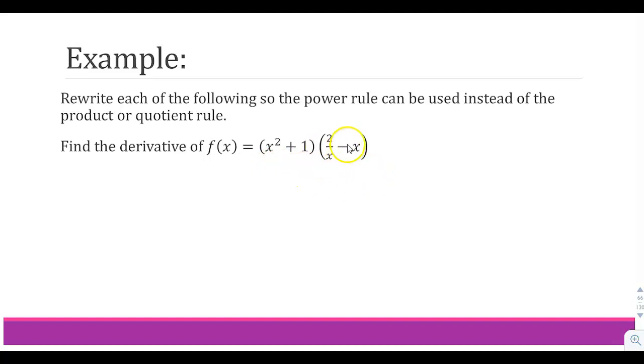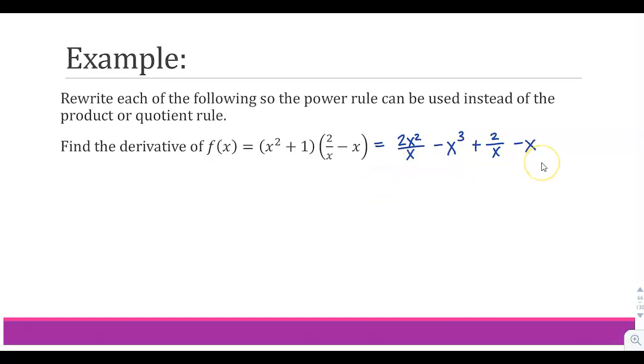So I don't just want to necessarily go for what I see automatically, like I see a product, do the product rule, if I can do some other algebra that allows me to avoid that process. So here, if I go ahead and multiply this out, this would be equal to, let's see, I have 2x squared over x, and then minus x cubed, so I'm doing first, outer, and then inner, plus 2 over x minus x.